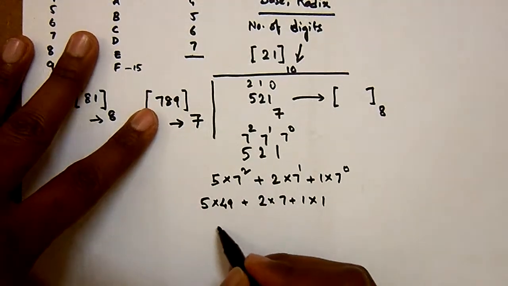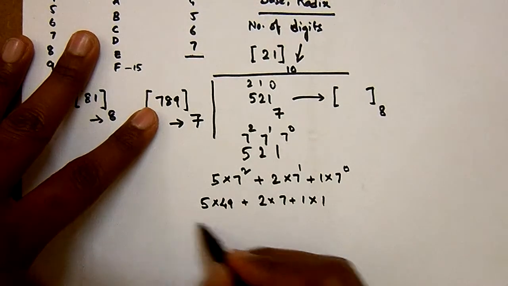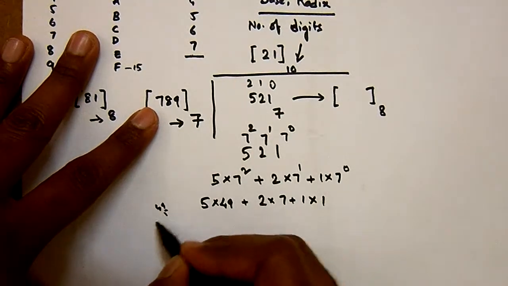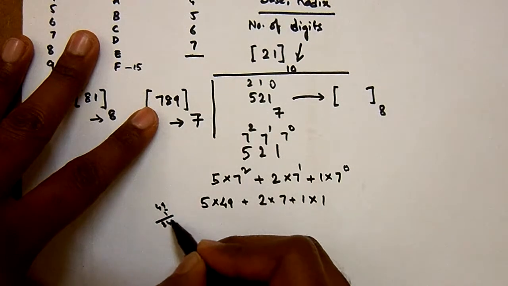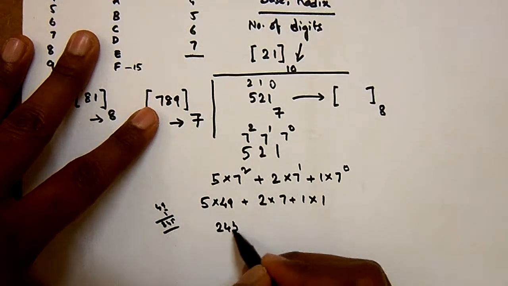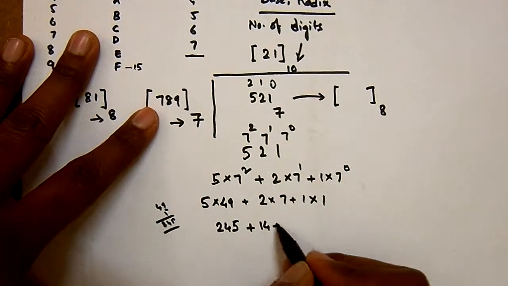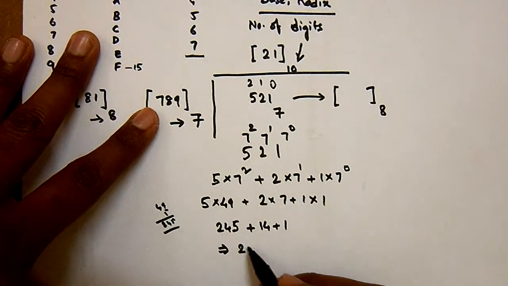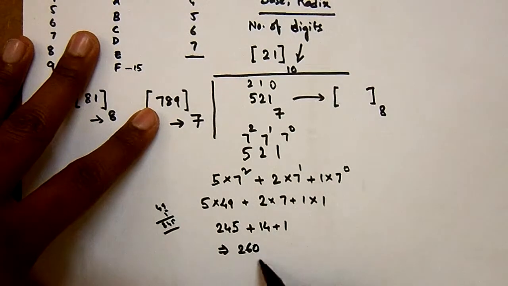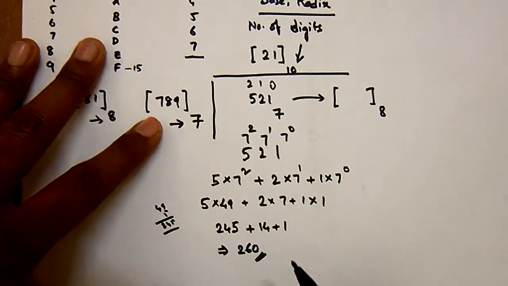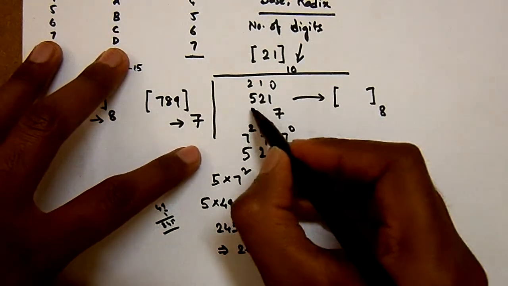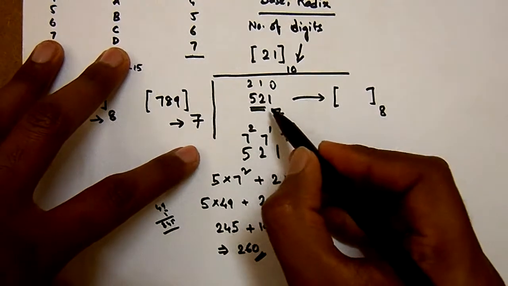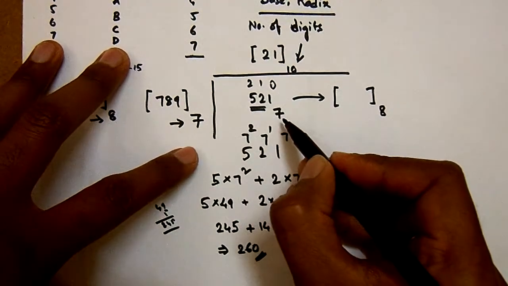So 5 into 49 is 245, plus 14, plus 1, that is equal to 260 in total. So this is the equivalent value representation of this number in base 7.